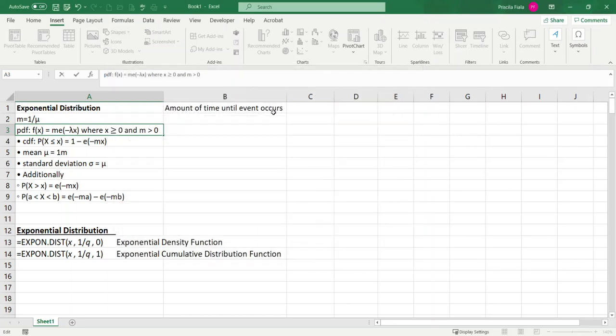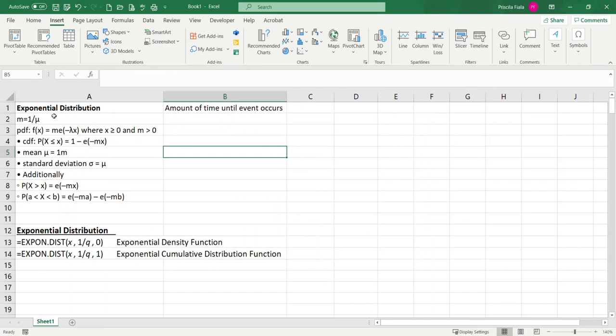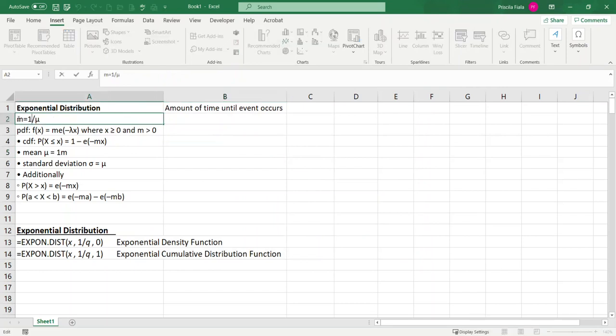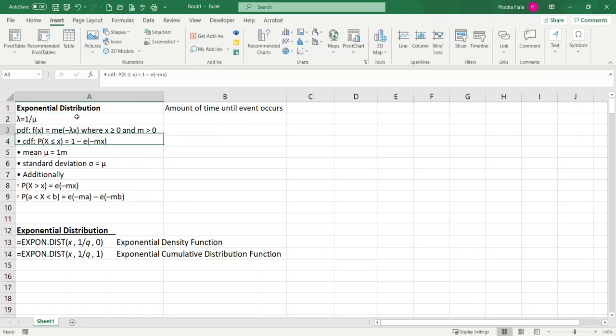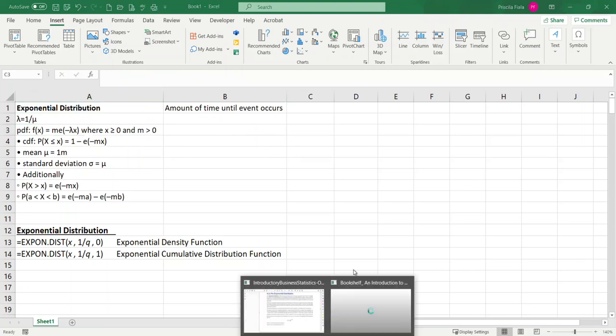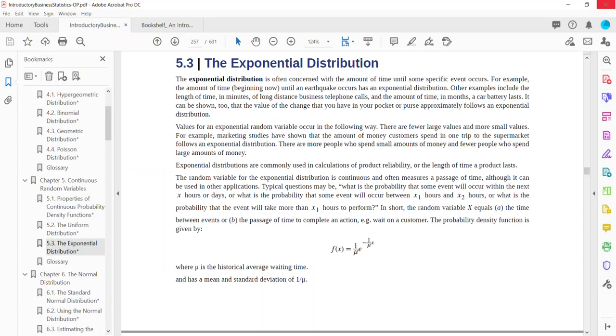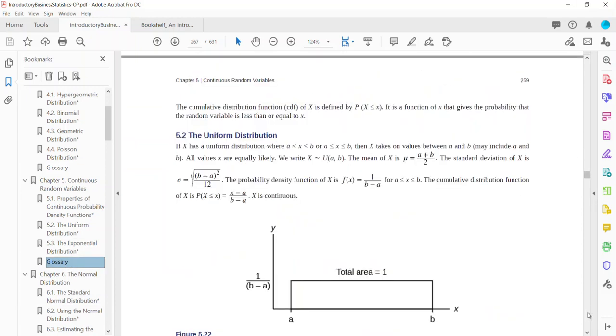So every time you see an m, just replace it by lambda. I don't want to spend too much time on it. When you see the m, just think lambda. Let's do some problems and see how we can solve some of it.